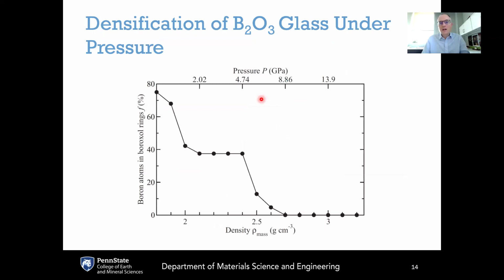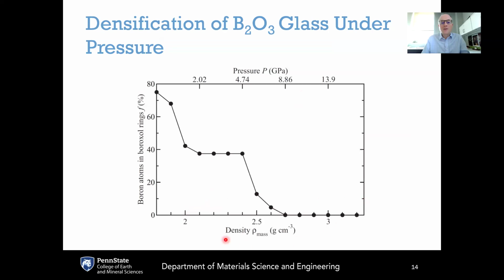Now, density varies as a function of thermal history, it varies as a function of temperature, it varies as a function of composition, but it also varies as a function of pressure. This result shows the densification of B2O3 glass under pressure. What this shows is increasing the pressure here on this top horizontal axis.